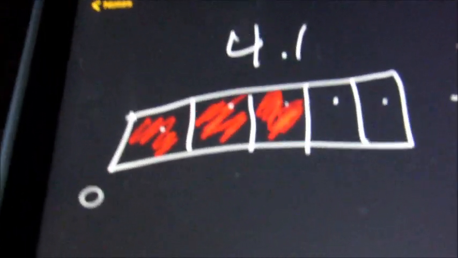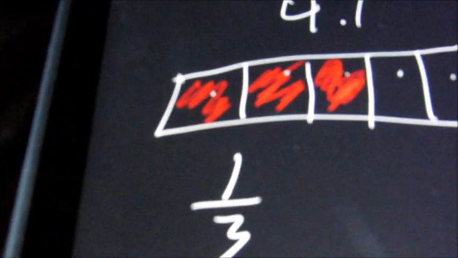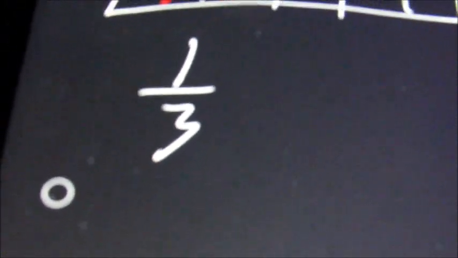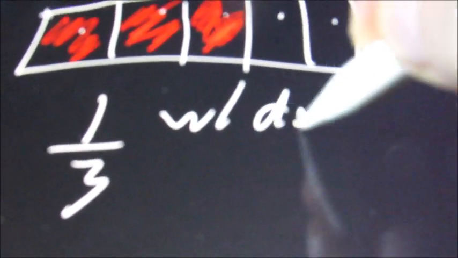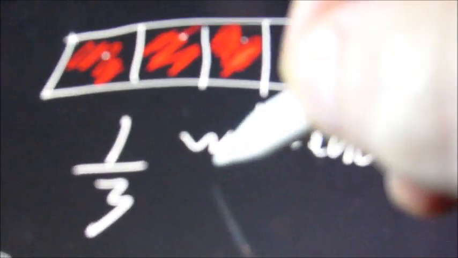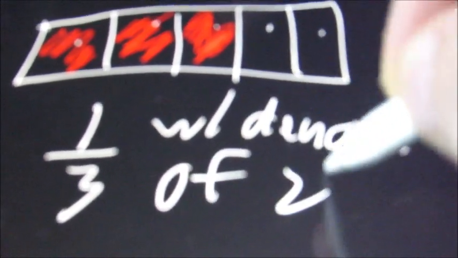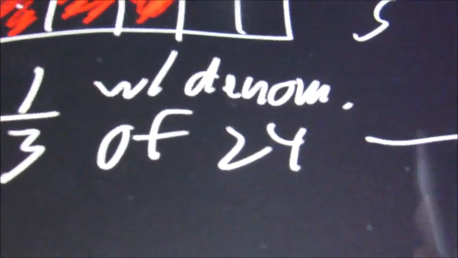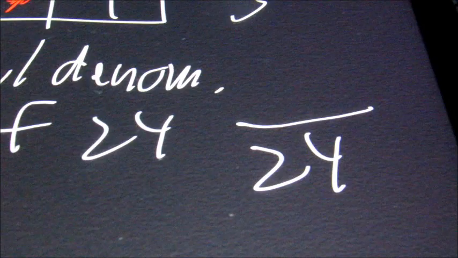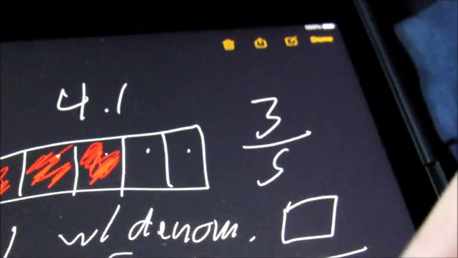So the next type of question that you may have is something like they want you to change 1 over 3 into another fraction, an equivalent fraction, with a denominator of 24. And so we know our denominator is going to be 24, so what is our answer going to be here?